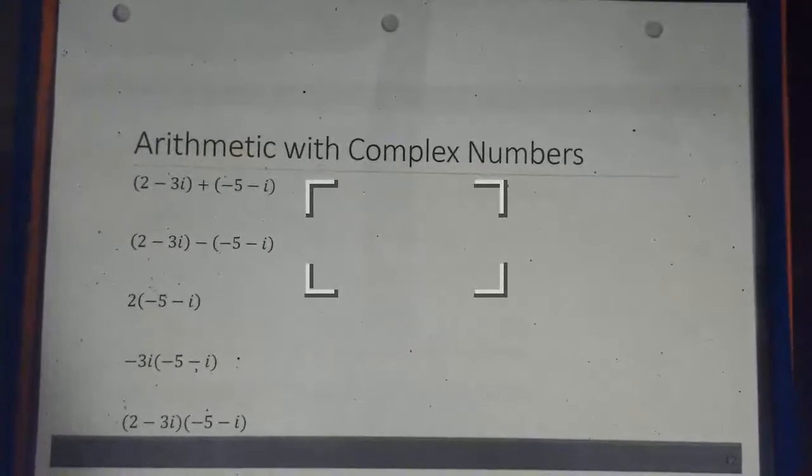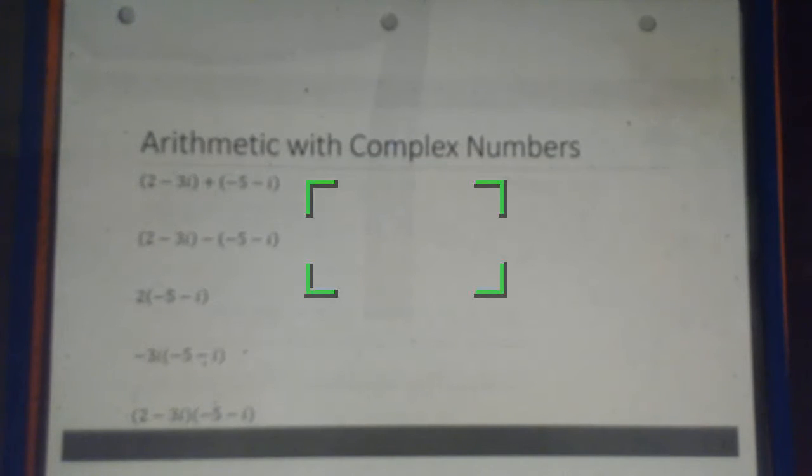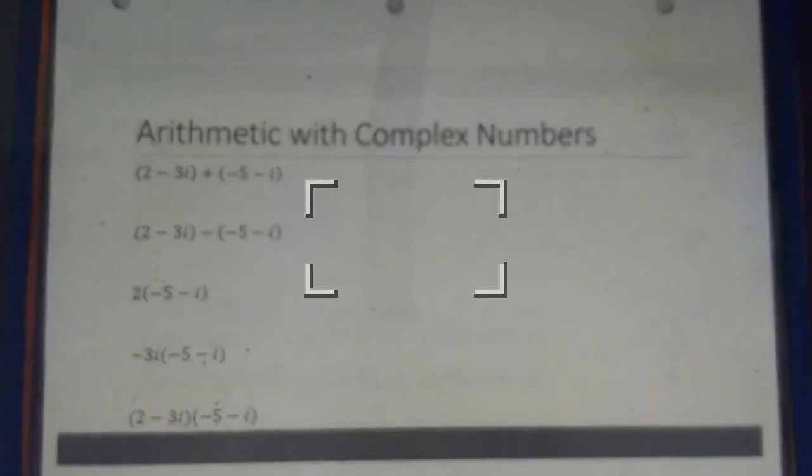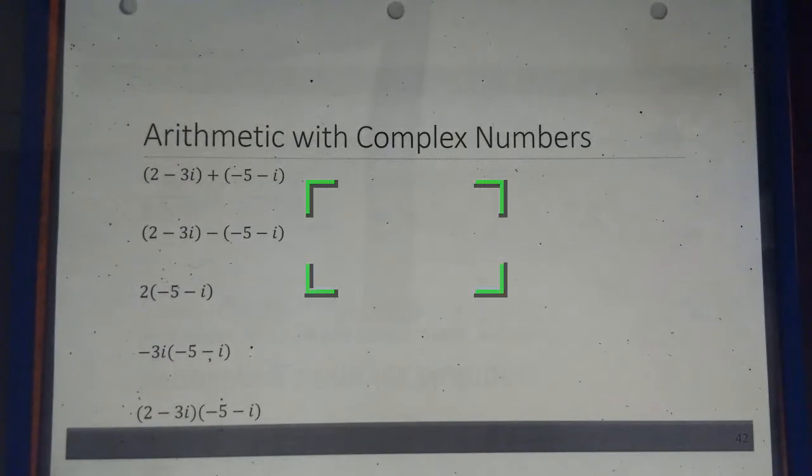Next up, we're going to look at arithmetic with complex numbers. So we're going to add, subtract, and multiply these, and then we'll do division on the next slide. So we're going to start by adding these. When we are adding complex numbers, just think of it as combining like terms. First, we need to deal with these parentheses, though.